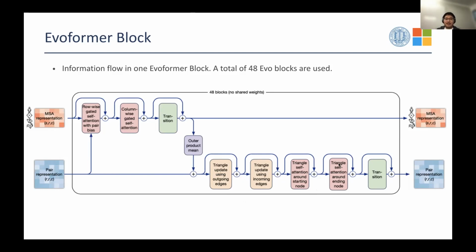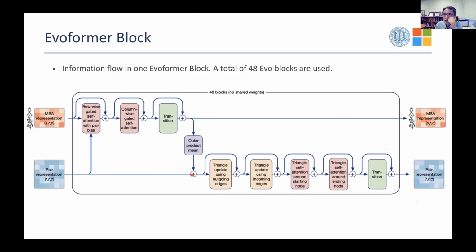So those two are another pair. Let me go back to the laser again. Those two are relatively similar, and those two are relatively similar. And after the final transition, we get the updated pair representation, and as well, a while ago, we also got the updated MSA representation.